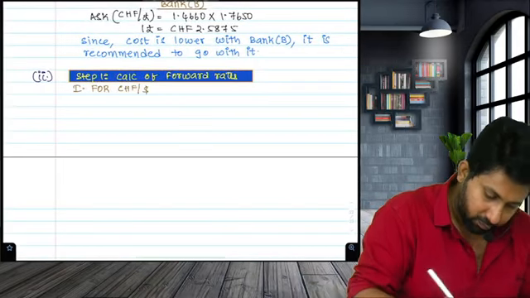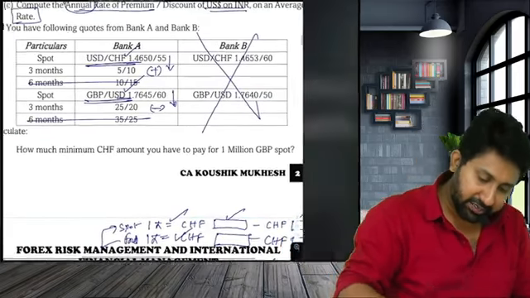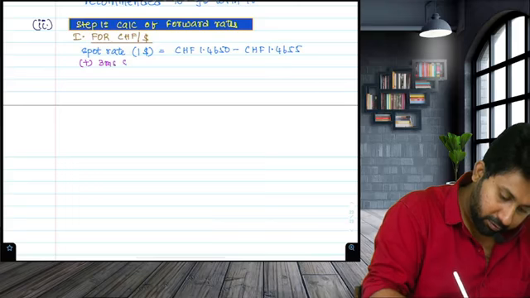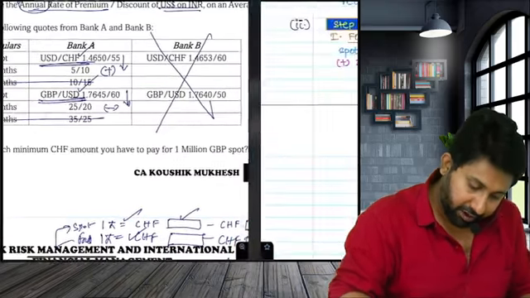1.4655. Next, what we need to do for this? Adjust the swap points. How many months swap points? 3 months swap points. How much? 5 and 10.